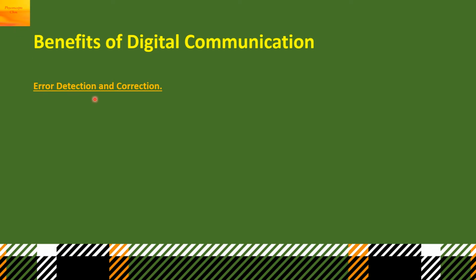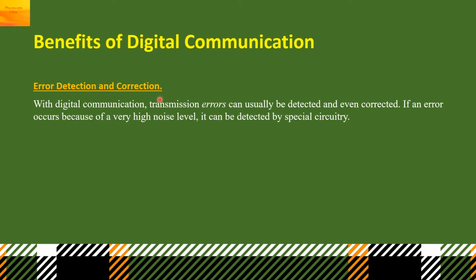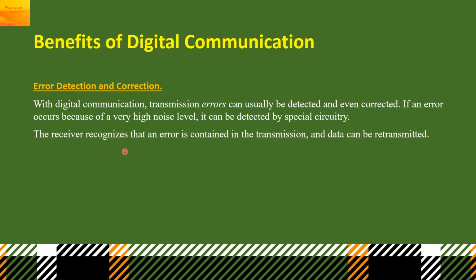Next, error detection and correction. With digital communication, transmission errors can usually be detected and even corrected. If an error occurs because of a very high noise level, it can be detected by special circuitry. The receiver recognizes that an error is contained in the transmission and data can be retransmitted.